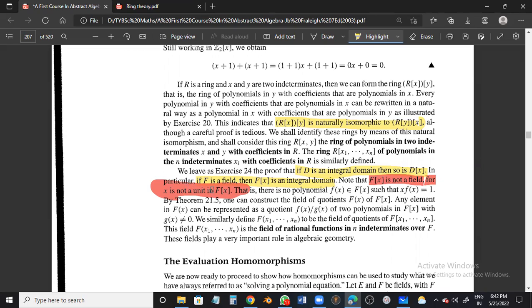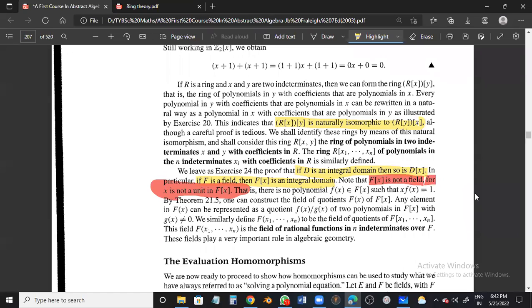Every non-zero element must be invertible. Now this x raised to 1 is not invertible here. Why? Because there is no polynomial f of x such that x into f of x will be 1. Is it okay? And that is why f of x cannot be a field, but surely f of x is an integral domain. Keep this in mind.